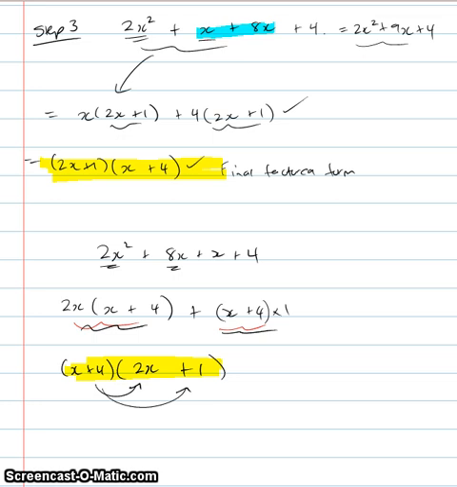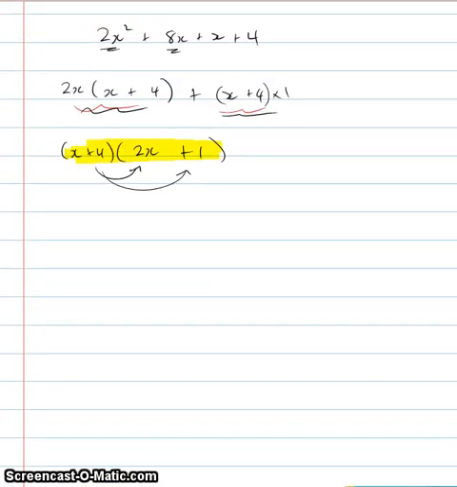Okay, so let's do another example. Factorize 6x squared minus 19x plus 10. Okay, so what's my first step? It's to multiply the coefficient of x squared and the constant term.